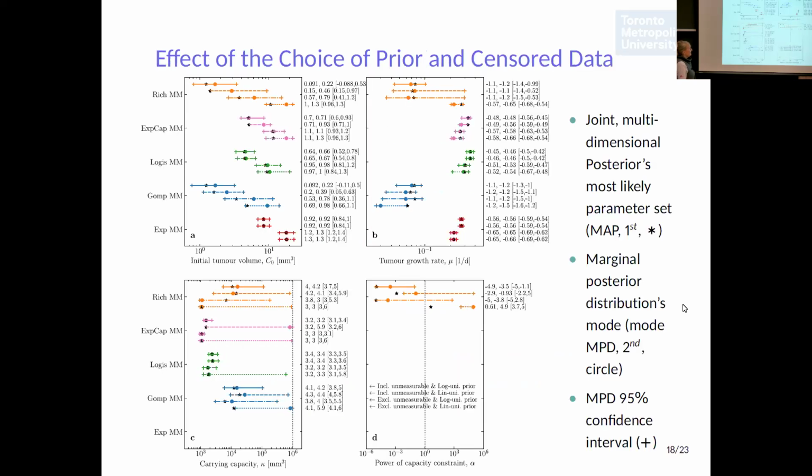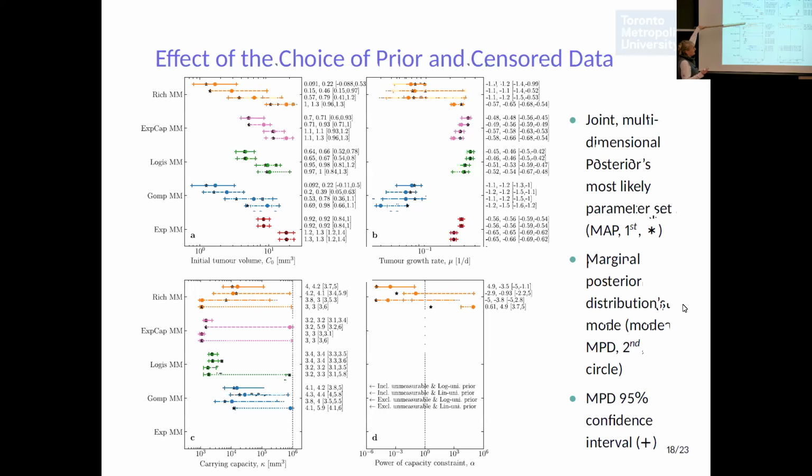So this is a bit of a busy slide, but basically each colored row runs from Richard's model, XCAP, logistic, Gompertz, and exponential at the bottom. Okay. The top line is when we include unmeasurable data and we use the log uniform prior.